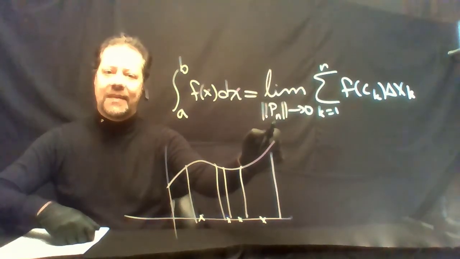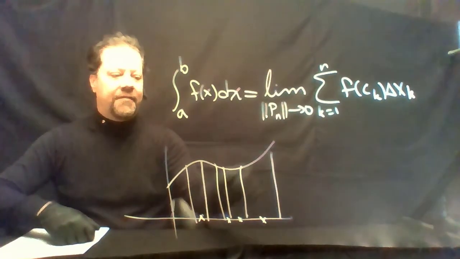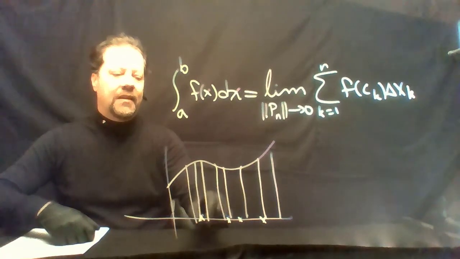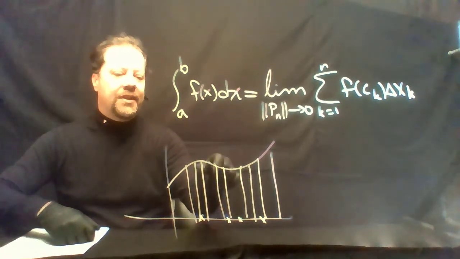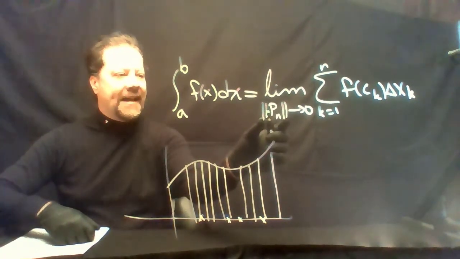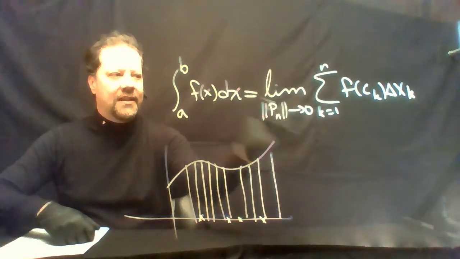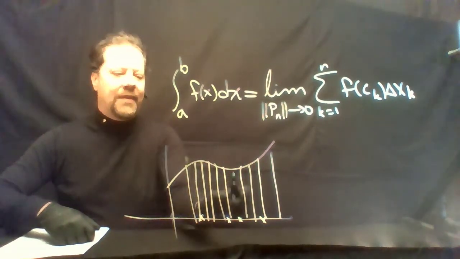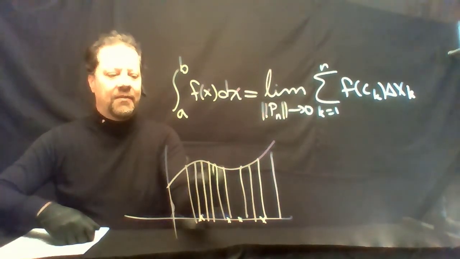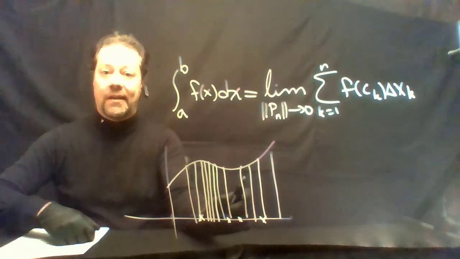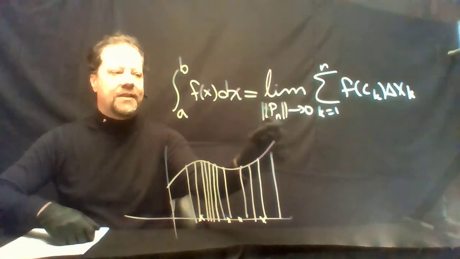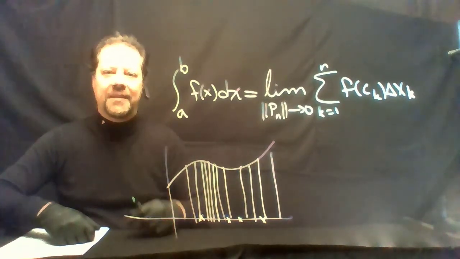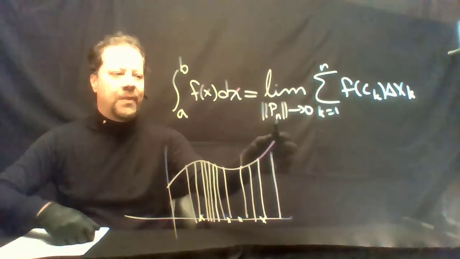We'll have a sequence of partitions that are finer and finer, refining the partition to the point where the maximum subinterval width tends to 0. That way we don't have a gap, refining other intervals, always leaving one large. They all have to get small. The largest subinterval must go to 0 as we refine our partitions.